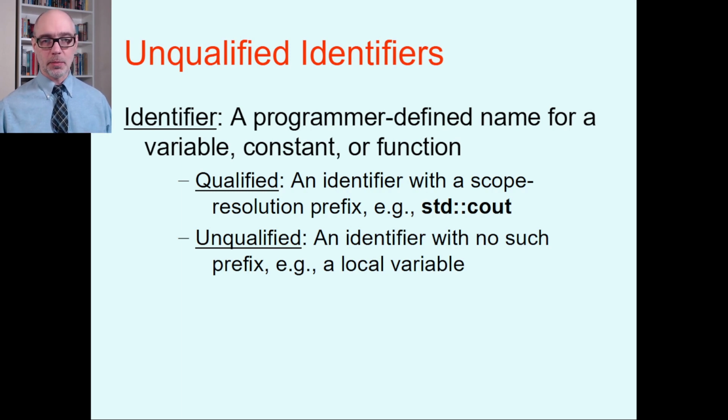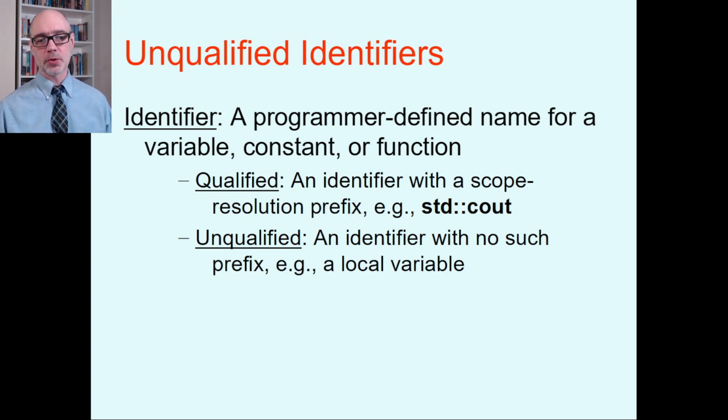The identifiers come in 2 different flavors. The more advanced thing would be a qualified identifier, which is an identifier with a scope resolution prefix at the start. For example, something like std::cout, which is indicating this is coming from the standard library and the specific object is for character output, the cout object. You're probably not doing that as a beginning programmer.